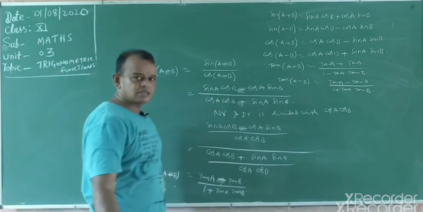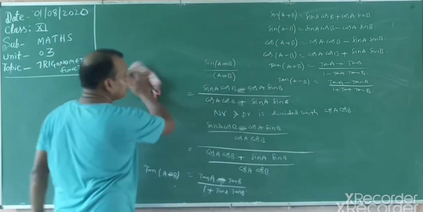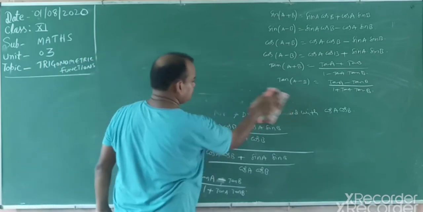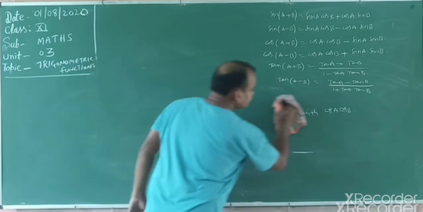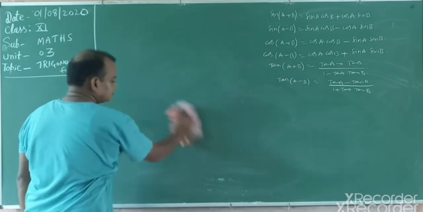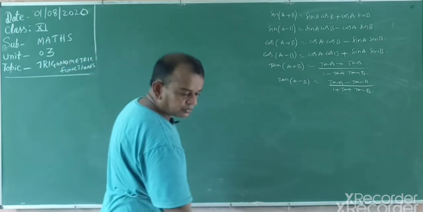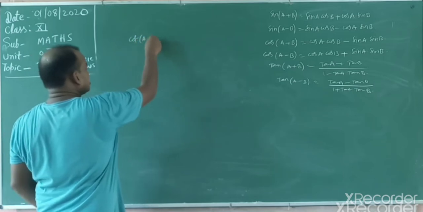Understood? Next one is the cot. Now you observe cot of A plus B. What is the formula of cot of A plus B?